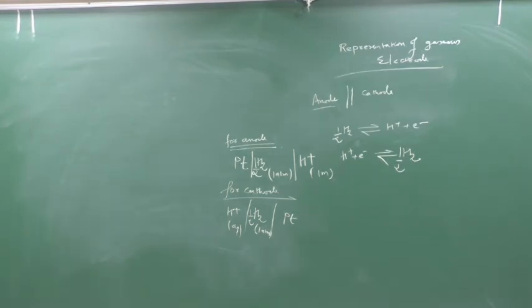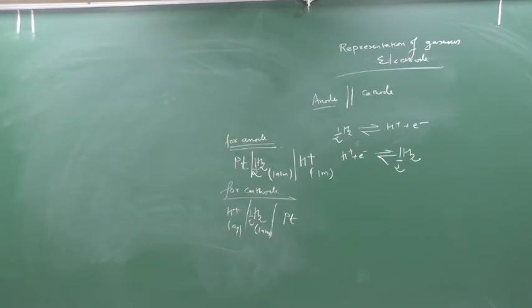Now we will write 2-3 examples showing hydrogen as anode, and in another example we will see hydrogen as cathode. Let me take one example. You write down this note first.